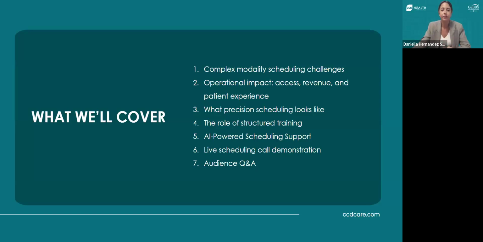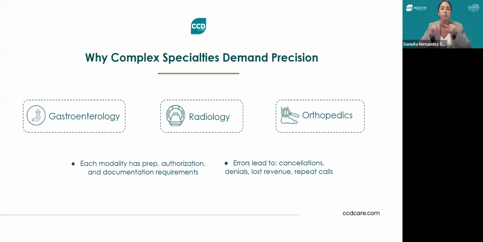So let's start. At first glance, scheduling seems simple. Find a slot, confirm insurance, book the appointment, right? But that's not the reality for specialties like GI, radiology, and orthopedics. Each of these appointments carries multiple layers of requirements. For GI procedures, you need preparation, medical restrictions, and a specific timing window.